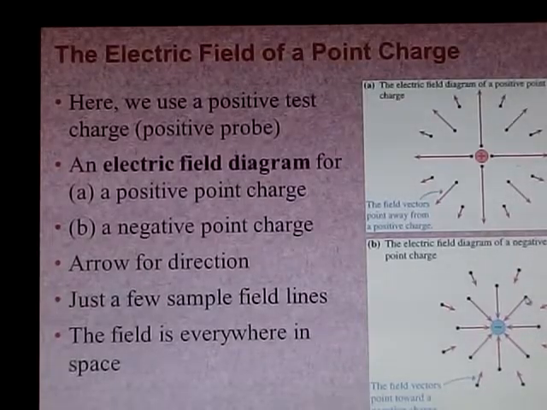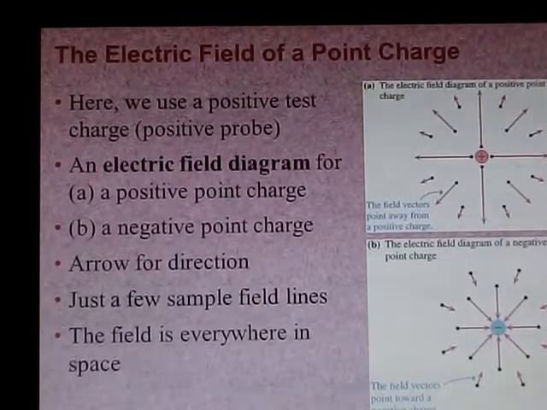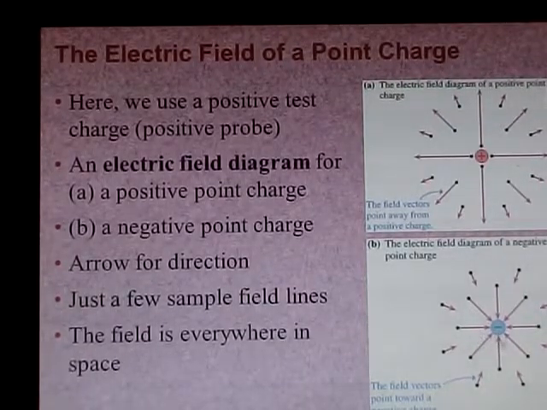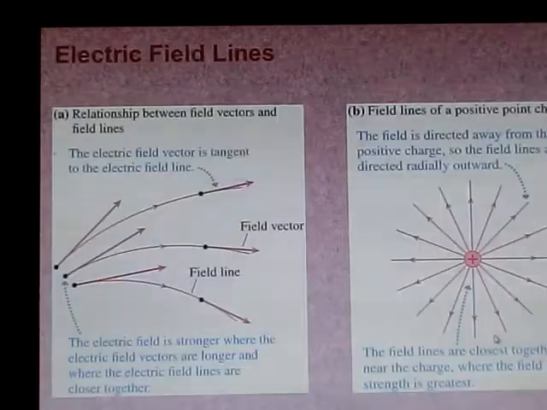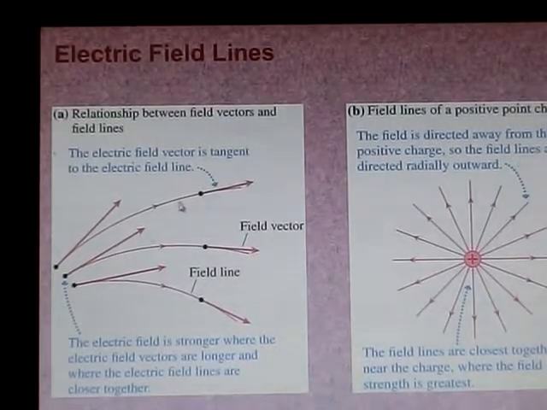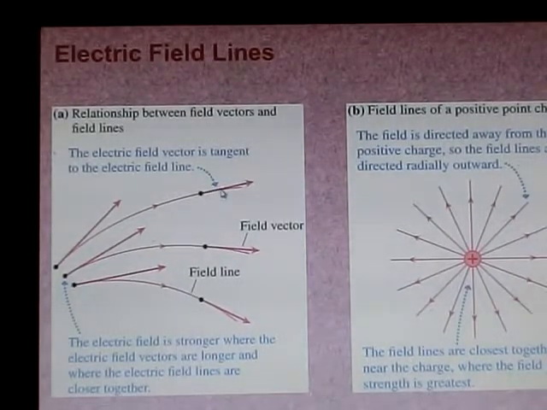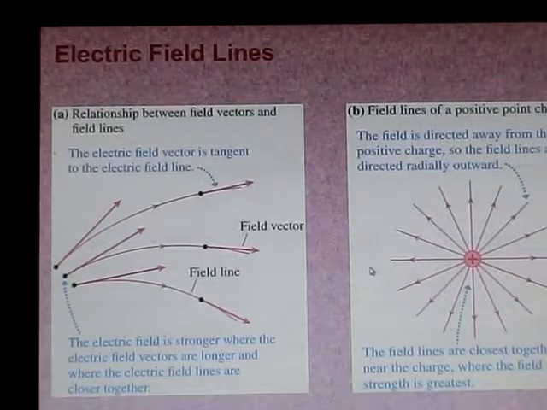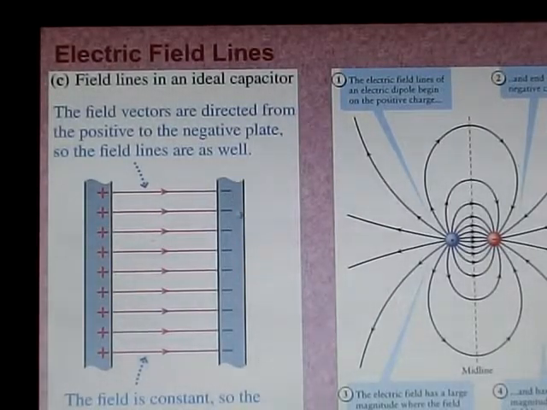Hence, the direction of the electric field is radially inward around the negative source charge. And we can also draw the electric field line, which is continuous, and the electric field vector. The electric field vector allows you to know the direction of the electric field at any point along the electric field line. The illustrations are obvious.